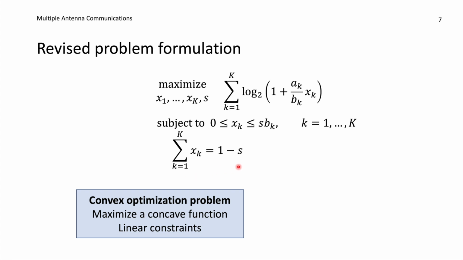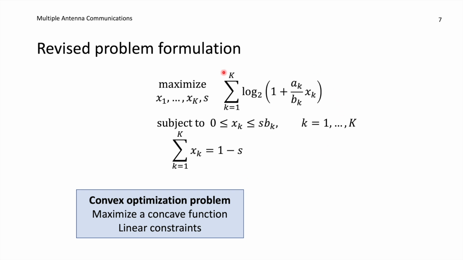And in this case, we have linear constraints, which is a special case of convex constraints, because all of the constraints involve our optimization variables just in a linear way. Xk and s multiply with constants, 1 and bk. And here we are also summing up the parameters, and it should be equal to 1 minus s. So we have two linear constraints.